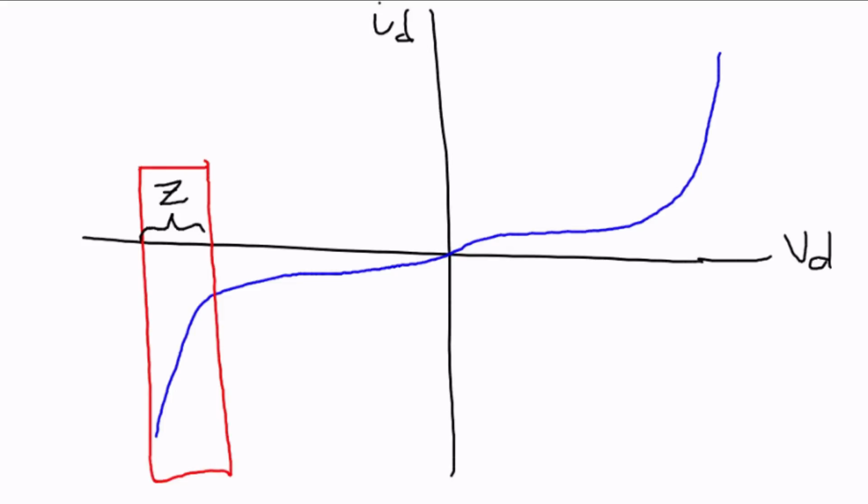Now, to be more accurate, there's actually such a thing as the Zener knee voltage, which will occur right about here at the knee of this curve, where the slope starts to change dramatically, and the ZV can change. It could be any one of these voltages, any of these past the knee.